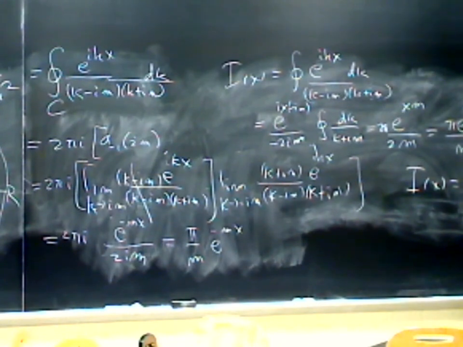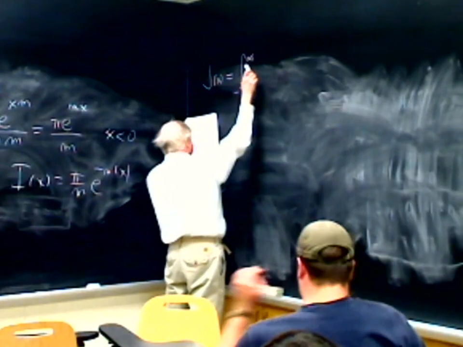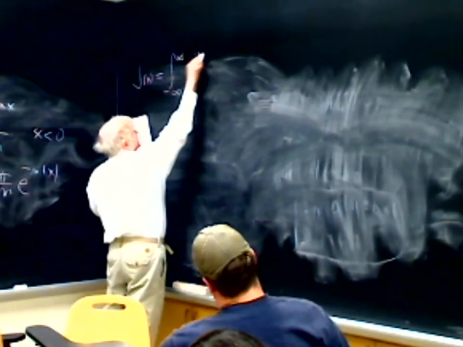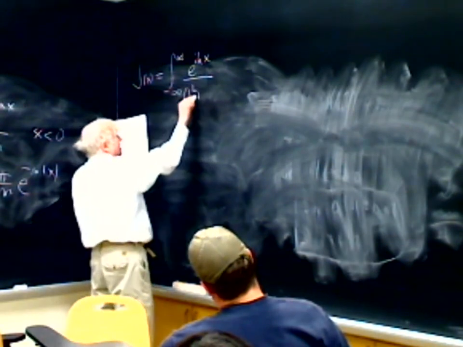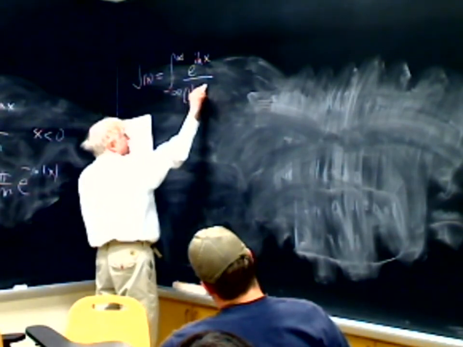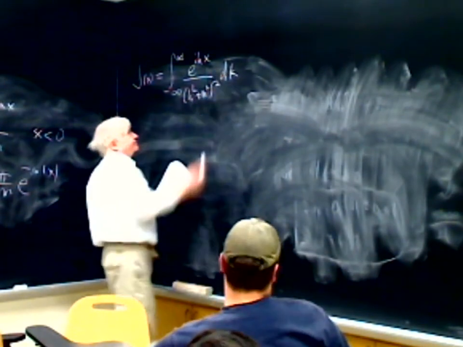Another example. Let's consider the integral J of x. Now we've got an integral from minus infinity to plus infinity of e to the ikx over k squared plus m squared, squared, dk.